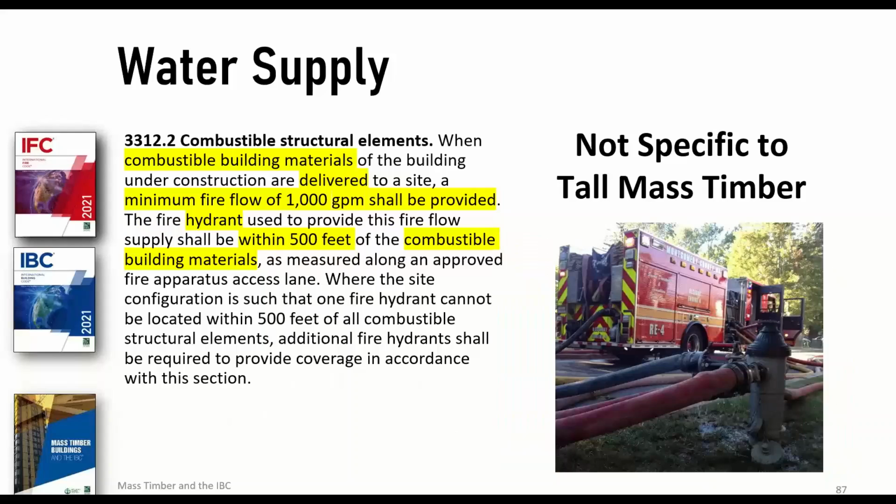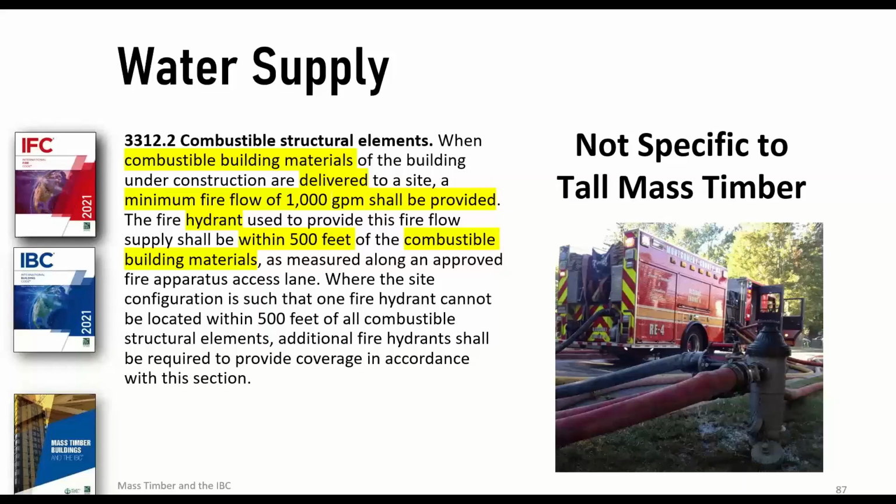Prior to this, the code provided very little guidance on fire flow. It simply said an approved water source. It didn't even say approved by whom. So this provision actually gives a minimum fire flow. When combustible materials arrive on site, a minimum flow of 1,000 gallons per minute shall be provided.